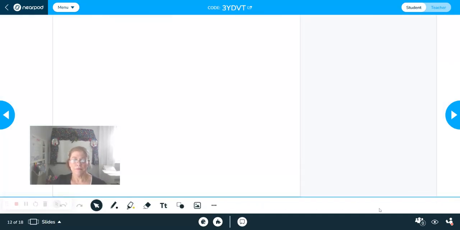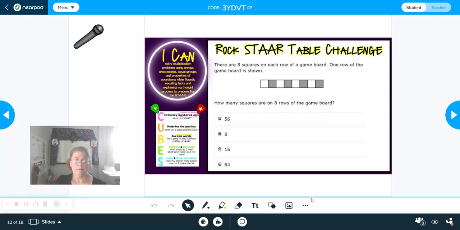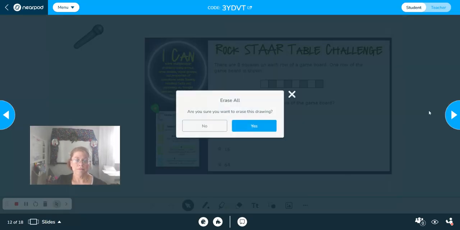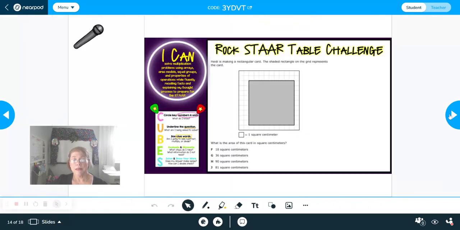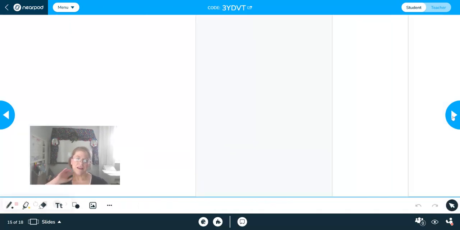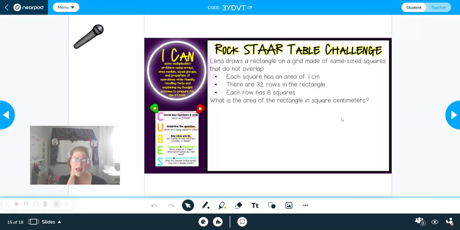Oh, let me erase that. I did. Let me just make sure I did. This is an area problem. This one also is an area problem, but it has all the information they need. They could model it out, or they could just do the multiplication if they need that.